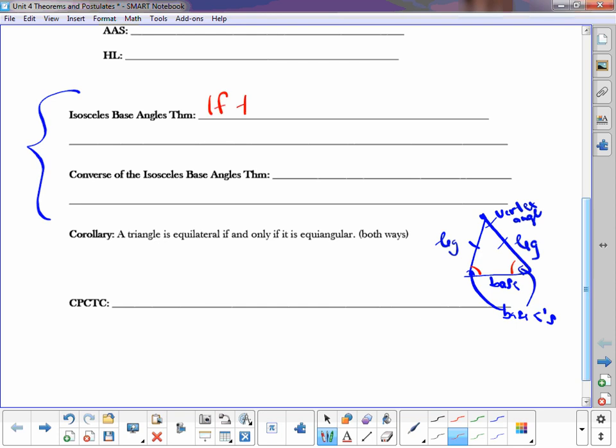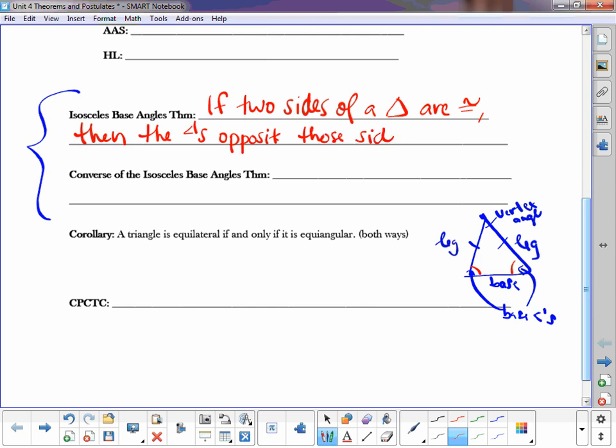If two sides of a triangle are congruent, so as we see in our isosceles picture, those are your legs, then the angles opposite those sides are congruent.